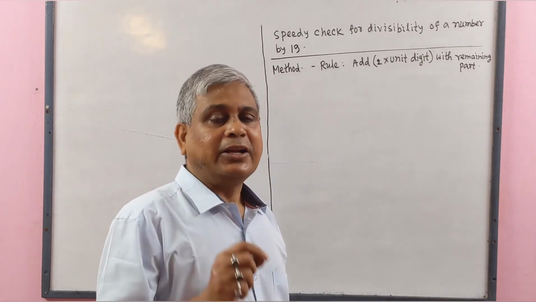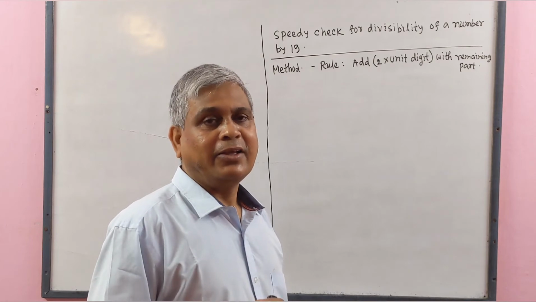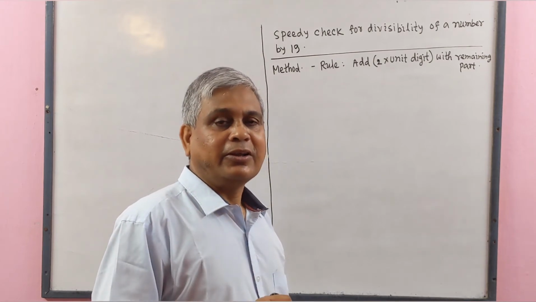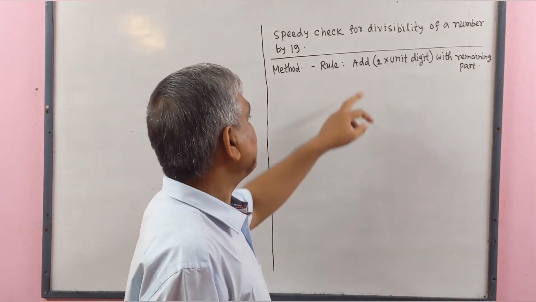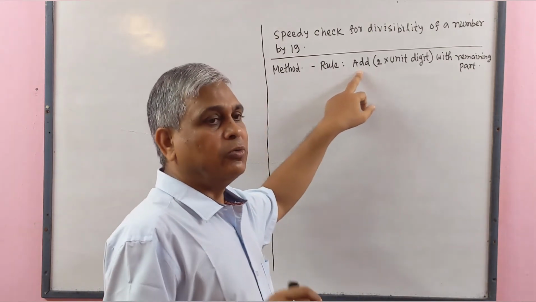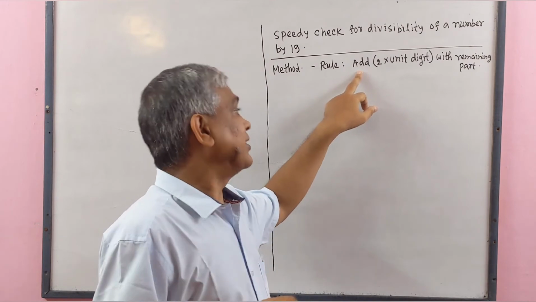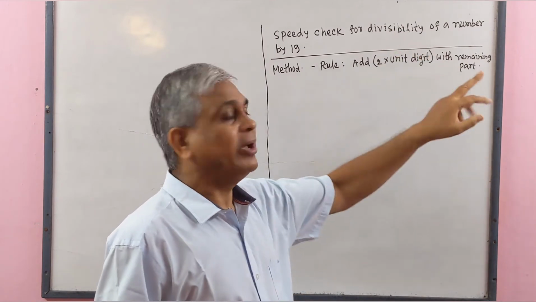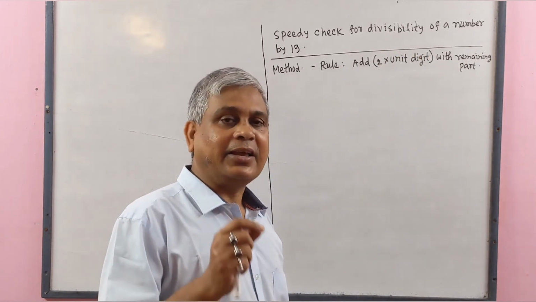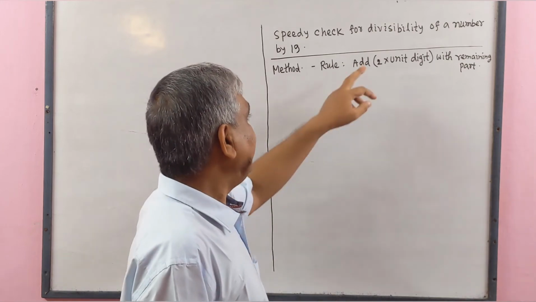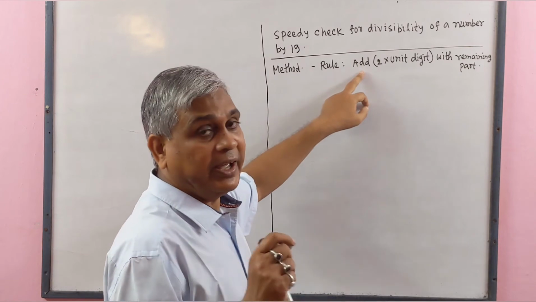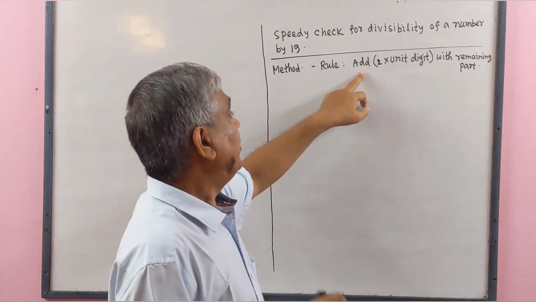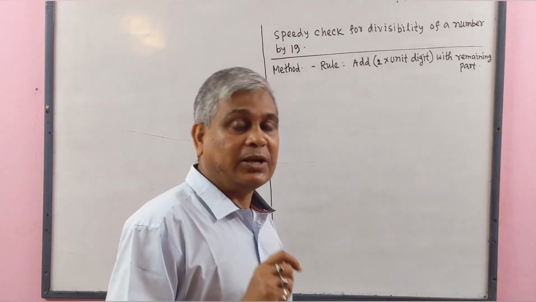In the divisibility by 7, in the second method, we explained that in place of add, we used subtract from the remaining part. In the case of 19, here we use add. By an example, we check this.